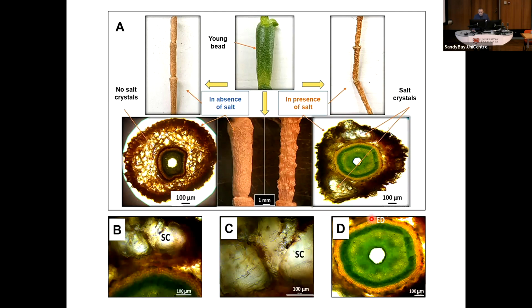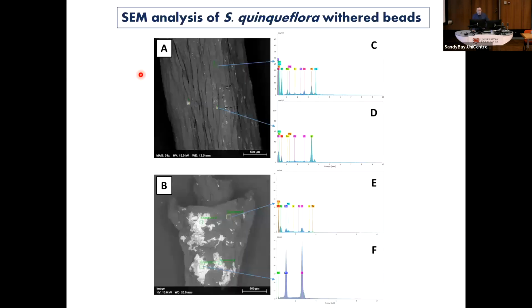We still have an interesting tissue, which is the endodermis-like layer, enclosing living tissues. SEM analysis of these crystals showed that they mainly consisted of sodium and chloride, but this is for beads growing under 800 millimolar, while beads at no salt concentration don't show any of these bright fields.